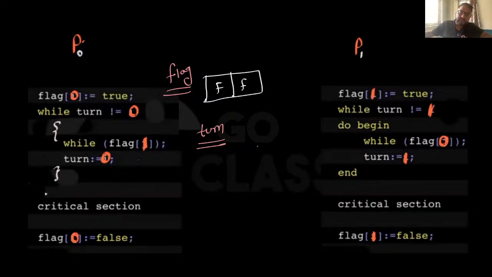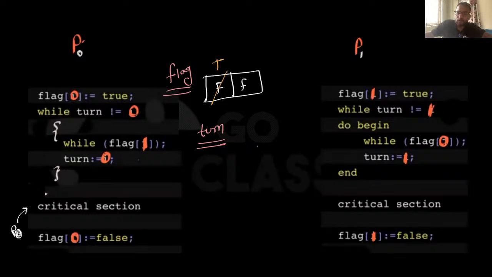See, let's just check it. What do I need to check for the mutual exclusion? Let's suppose one of the processes is in the critical section. Let's suppose that P0 is in the critical section, and P1 wants to enter. If P0 is in the critical section, then what should the configuration be? The flag of 0 must have been true, right?